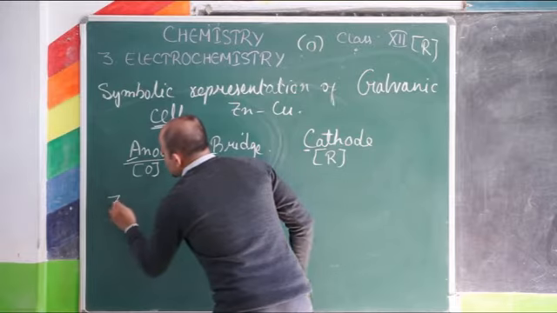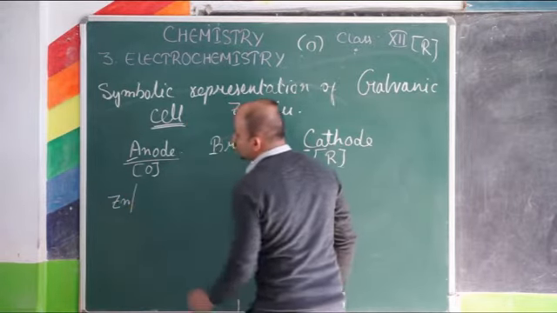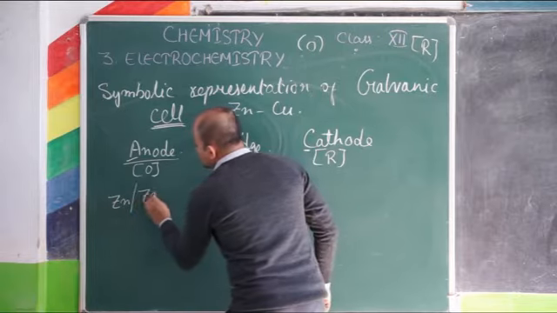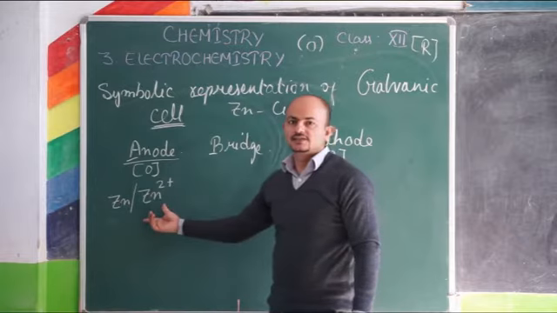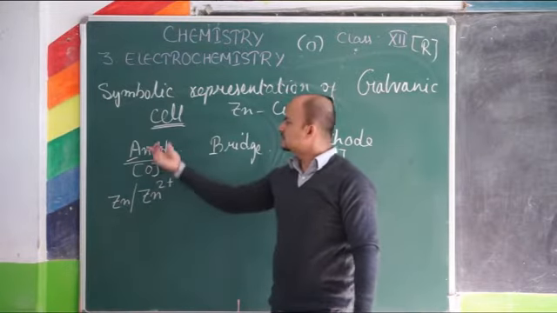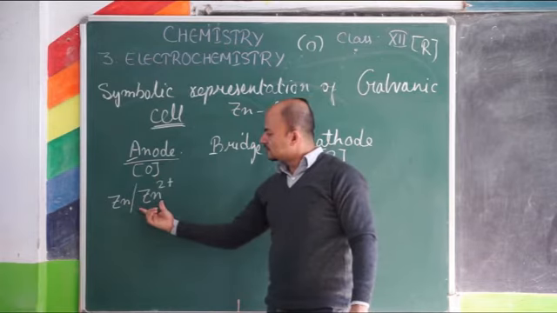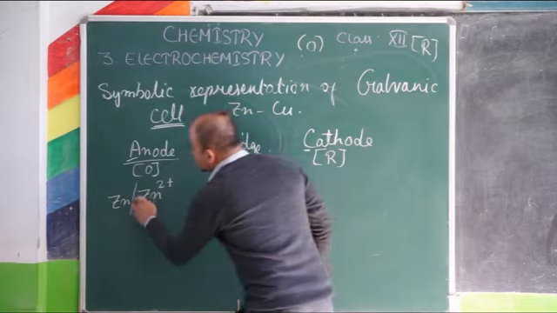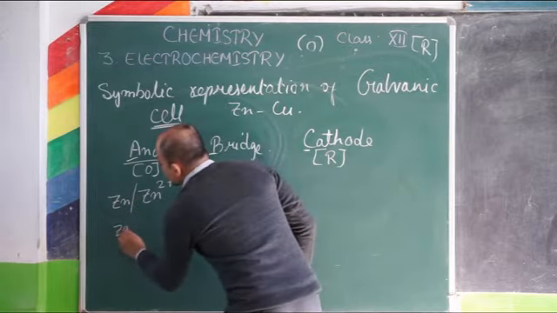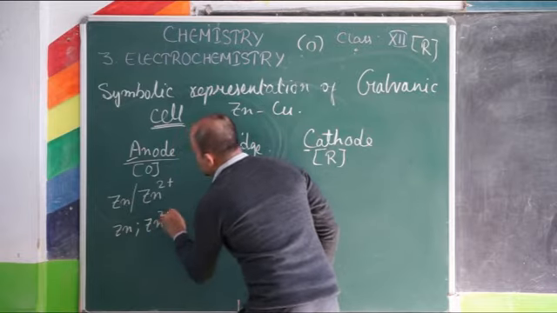Therefore, zinc is written first, and you can use a line to represent it. Zinc was being oxidized to zinc 2 plus, isn't it? It was being oxidized, therefore it is used as the anode, where oxidation takes place. So zinc being oxidized to zinc ion, or instead of this line, you can also use a semicolon. Zinc semicolon Zn2 plus.